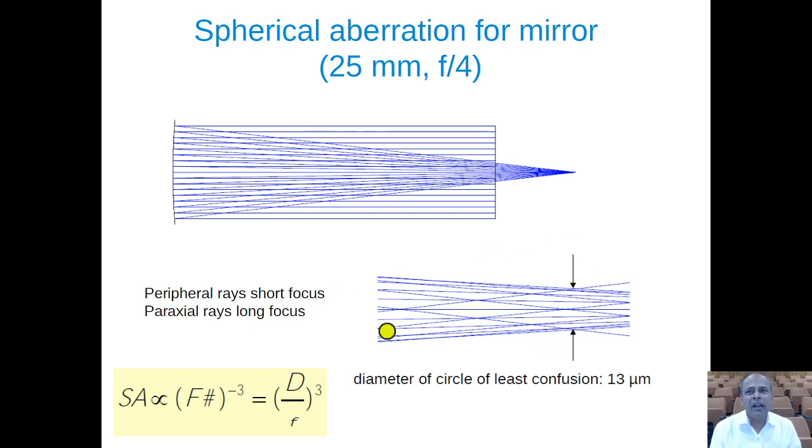Because of this you get a circle of least confusion. This is typically for a particular lambda, and it is 13 micron here. This is spherical aberration. It goes with the f number of the telescope, and also with the diameter by focal length to the power of cube.